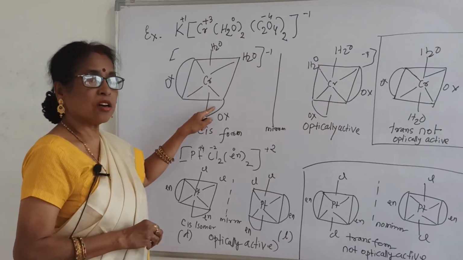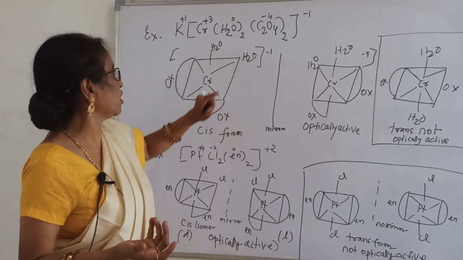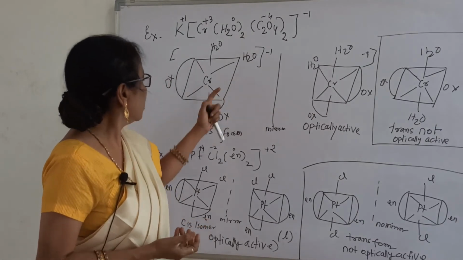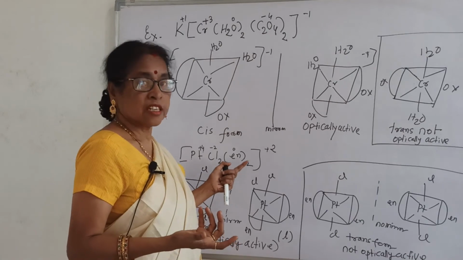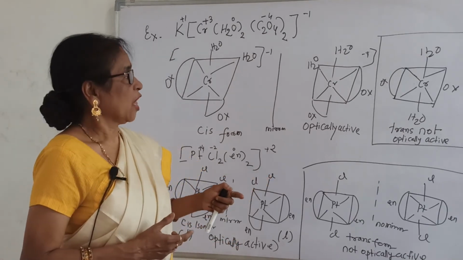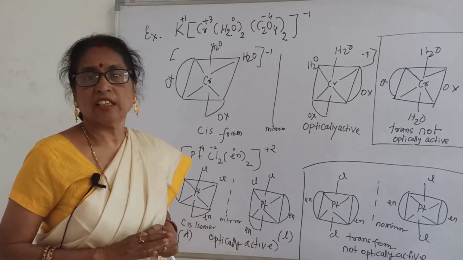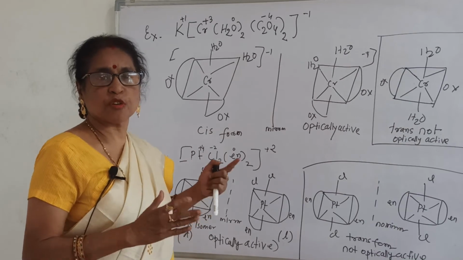That is why oxalato here and water is unidentate, no problem. So this is the cis form. Optically active means this jumps to here and this oxalato here and this water here, then it is cis optically active. And trans form, there is no optical activity, because the same position is occupied, it never forms a mirror image.